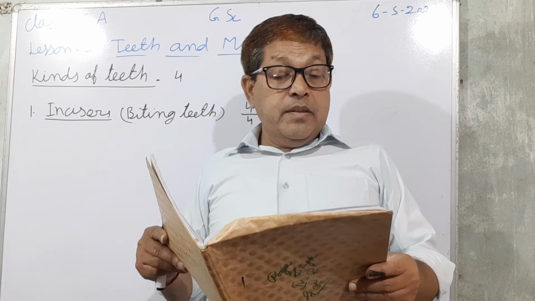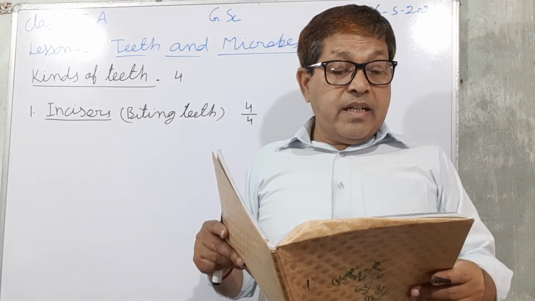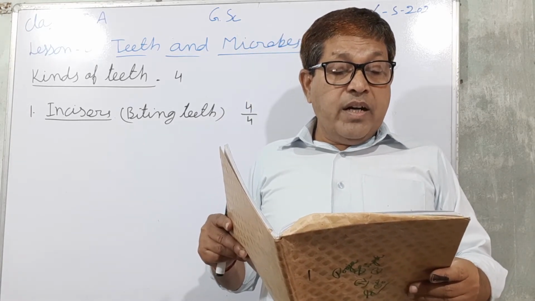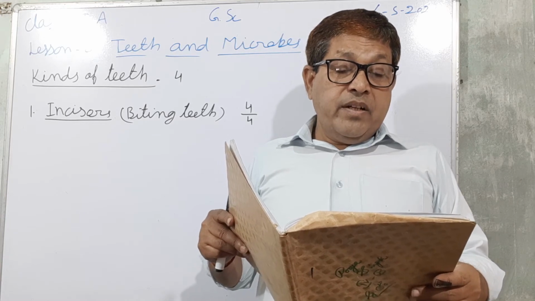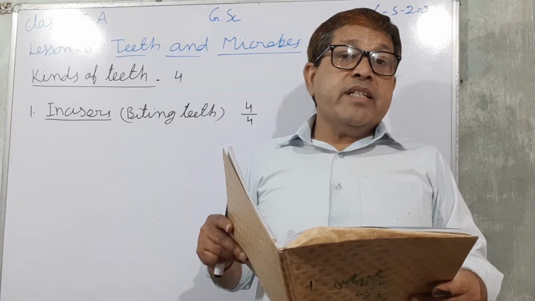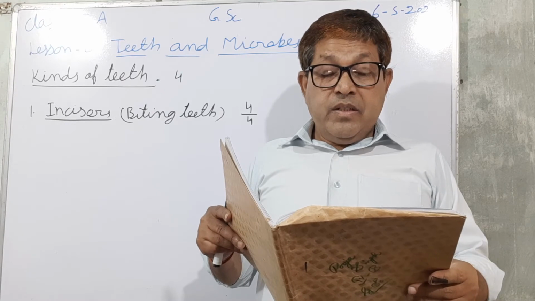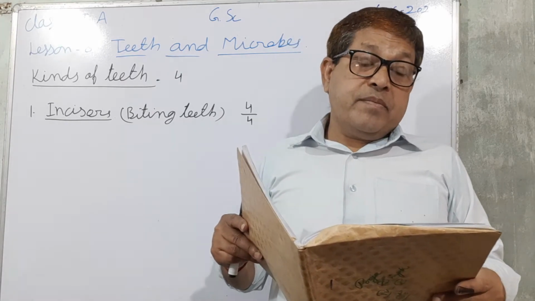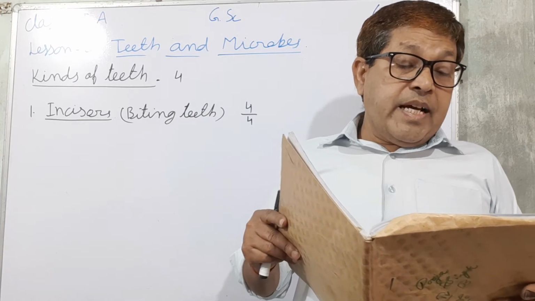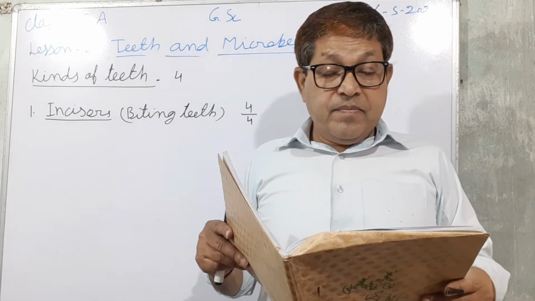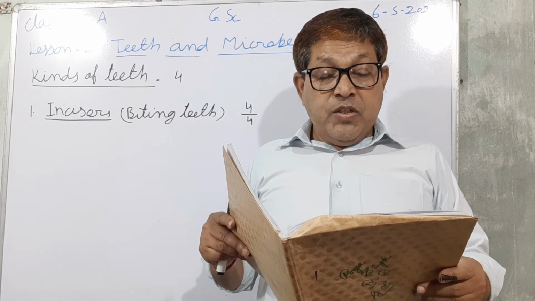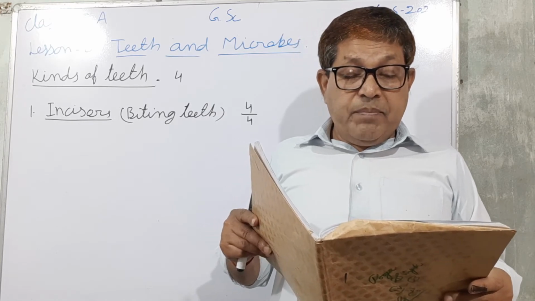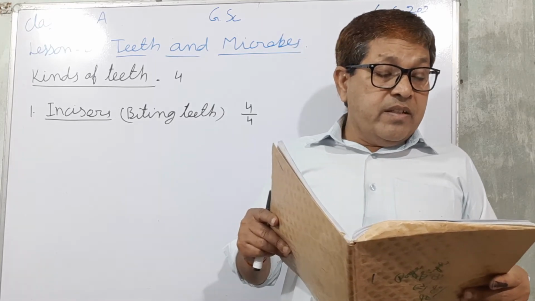So canines are on either side next to the incisor. They are pointed and sharp. They are four in number, two each in the upper and lower jaws.